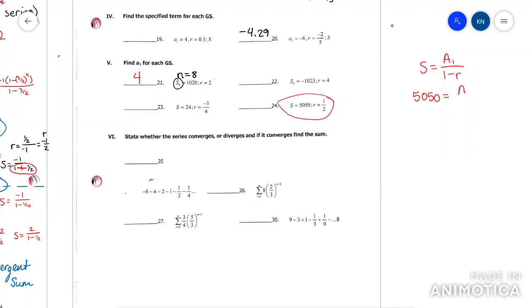You don't know A1, and it's 1 minus 1/2. So really you have 50-50 equals A1 over 1/2. And so to cancel that 1/2, just times by 1/2 on both sides. And so you get 25/25 is your A1.